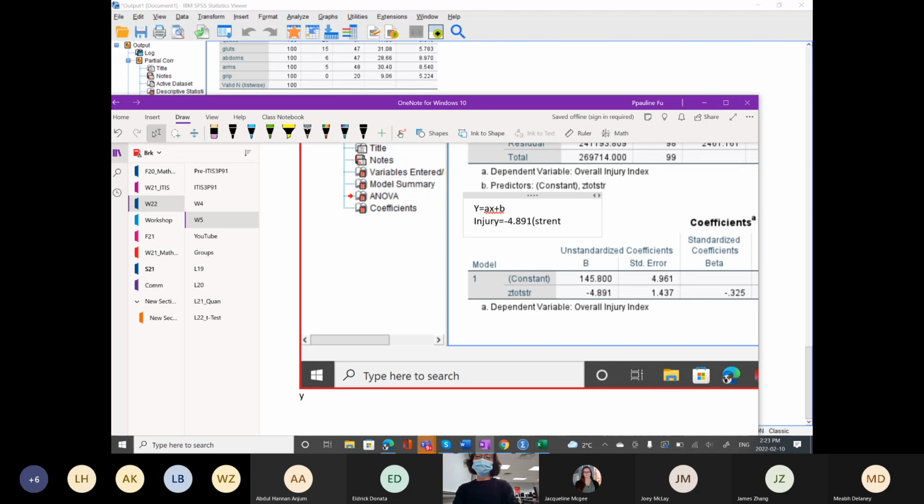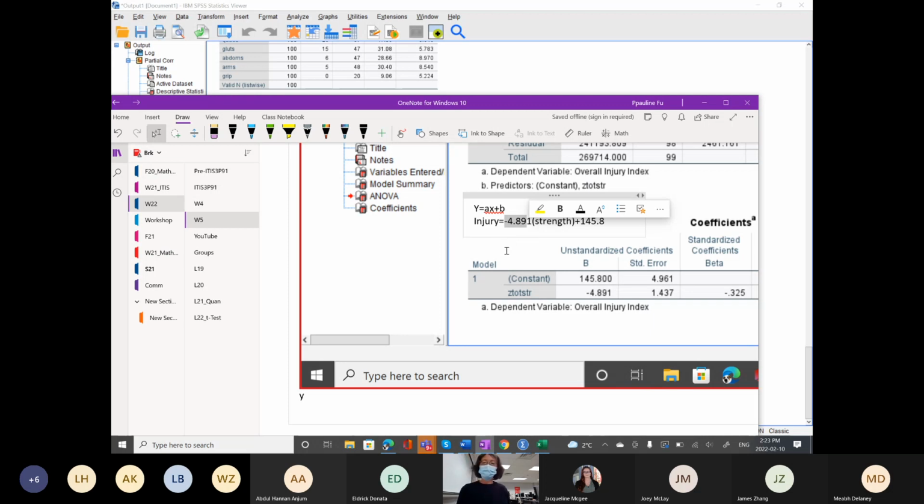Okay, overall body strength plus intercept 145.8. Keep in mind the slope is negative, means the stronger you are, the less injury you will get. It makes sense, right? Or the weaker you are, the more injury you will get. Body strength is strong, the less chance you will get injury because the slope is negative.